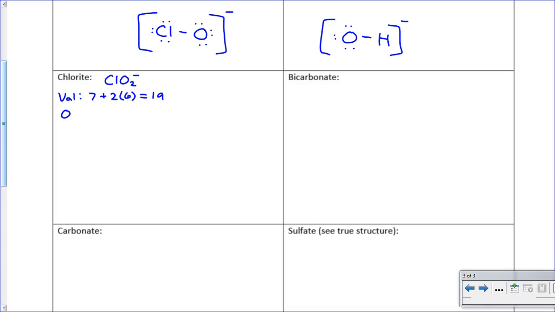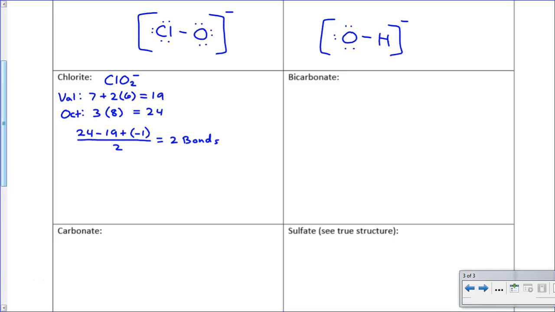For the octets, there are 3 things here that are not hydrogen, so we're going to say 3 times 8. That equals 24. Then we do 24 minus 19 plus the charge over 2. And you should get 2 bonds for that.